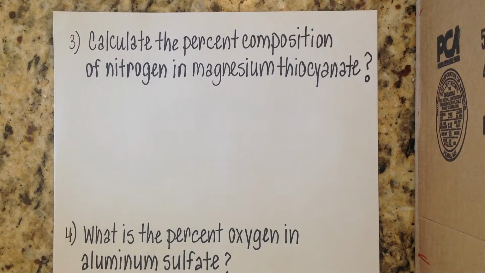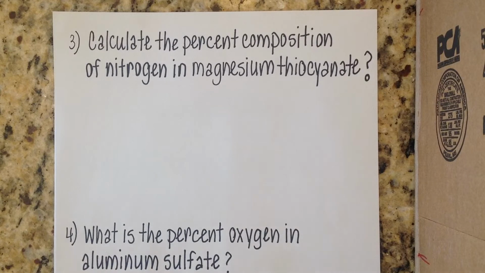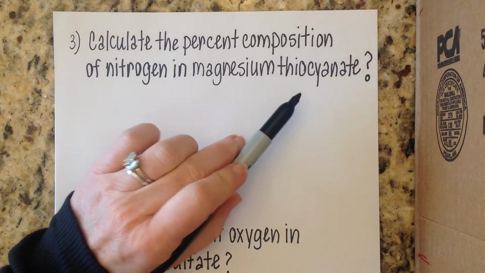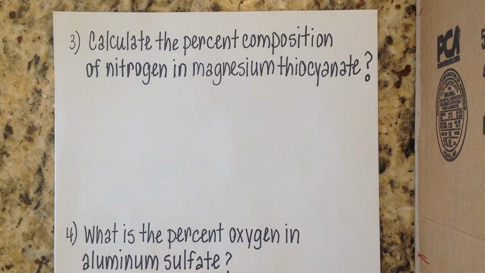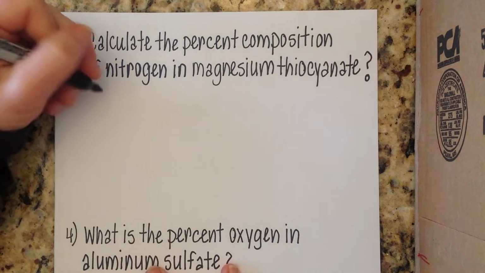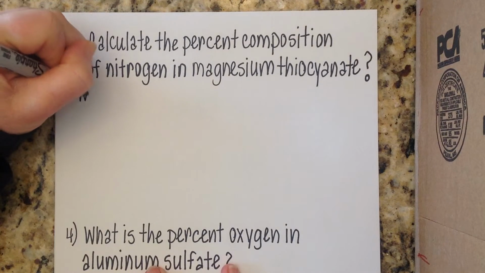Now, you will notice for this, you didn't get the formula, so you're going to have to come up with that on your own. So we'll briefly go over how you're going to take care of that. Magnesium is a metal, thiocyanate is a polyatomic ion. That makes this an ionic compound. Because it's ionic, you will write the ions.